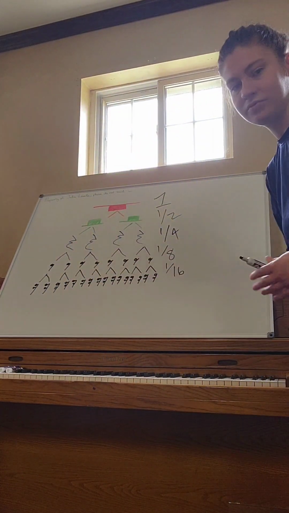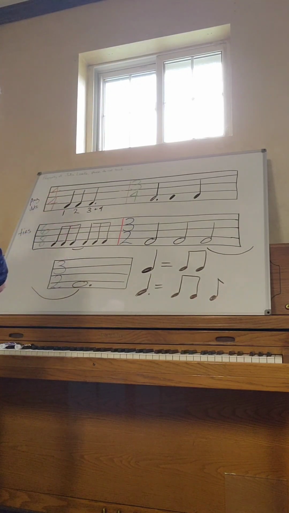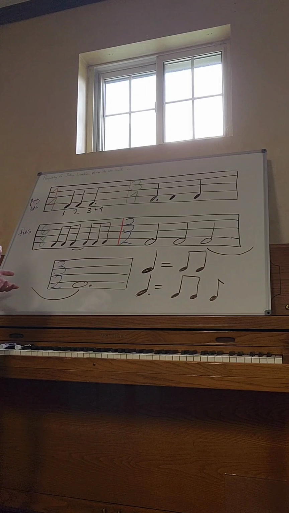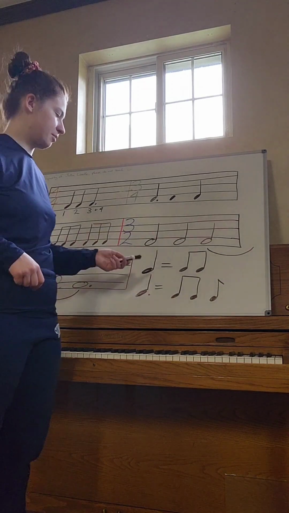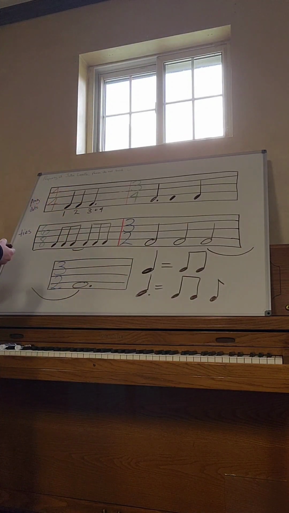There's the chart. All right, so now we're going to talk about augmentation dots and ties. Starting off with augmentation dots. Augmentation dots add a half to a note's duration.